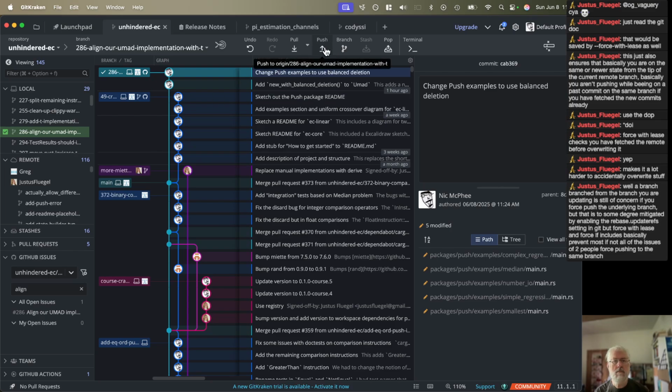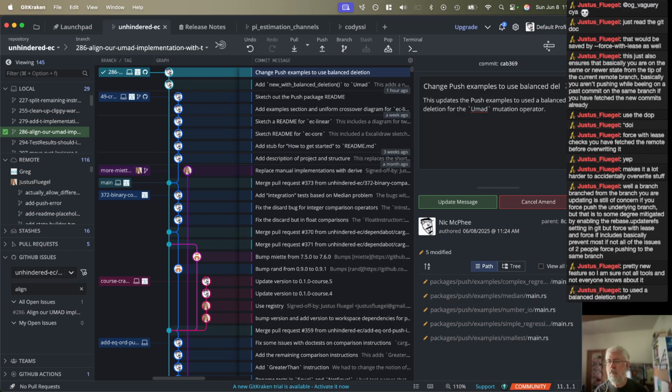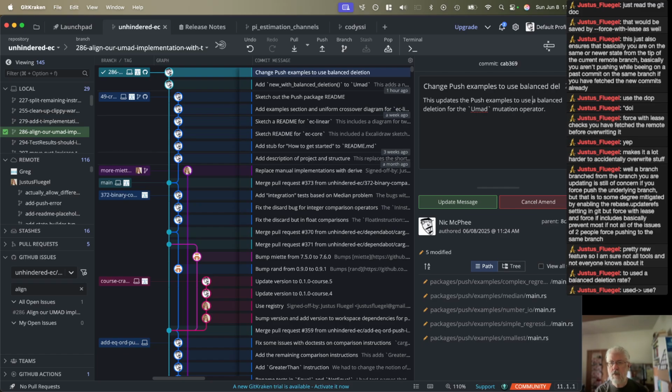Can, so like if I change this, oops, up the push examples to use a balanced deletion rate for the UMAD mutation operator. To use a balanced mutation deletion rate.